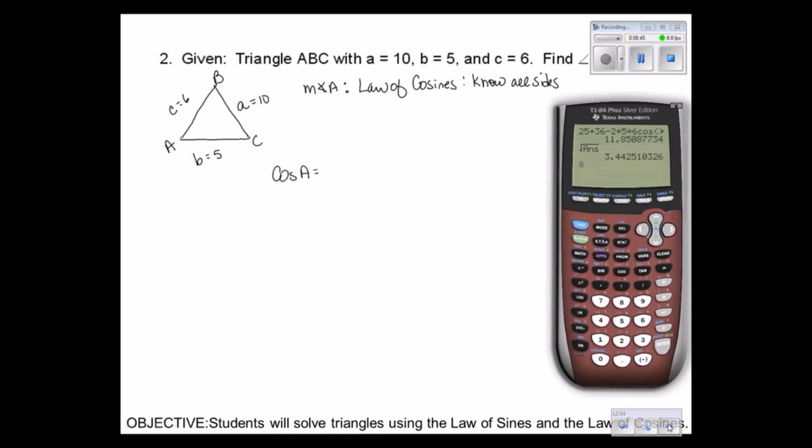So the cosine of A is equal to 6 squared plus 5 squared, because those are the adjacent sides for the included angle, minus 10 squared, because that's the side opposite, and then it's divided by 2 times 6 times 5. And we're going for the measure of angle A, so it's going to be cosine inverse.